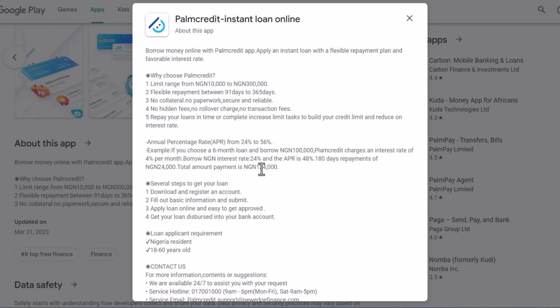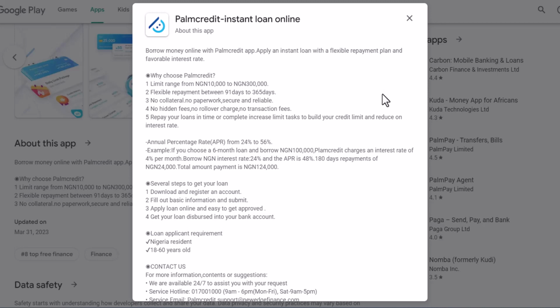Then let me divide 40,000, 100,000 naira divided by 2.